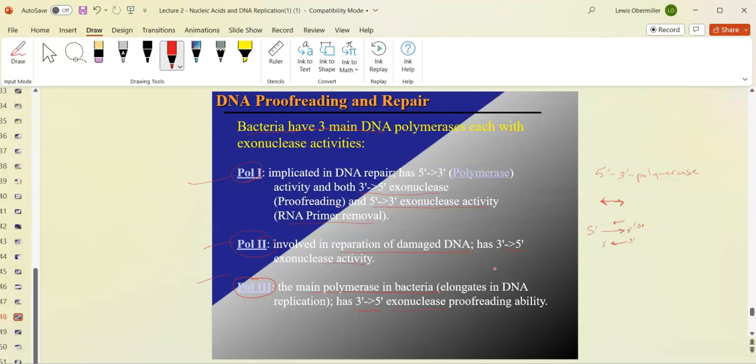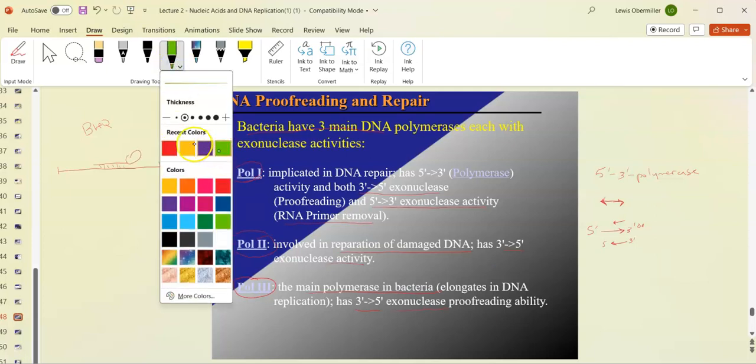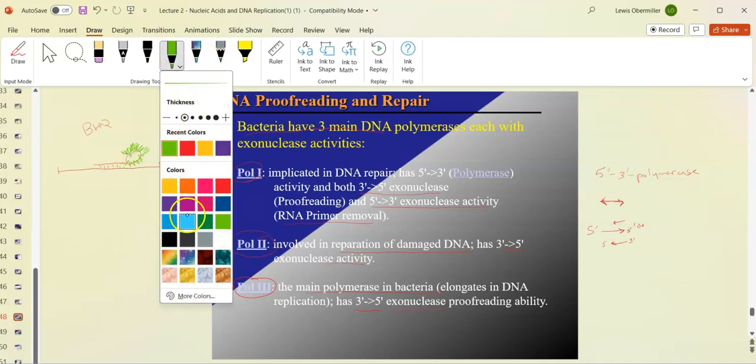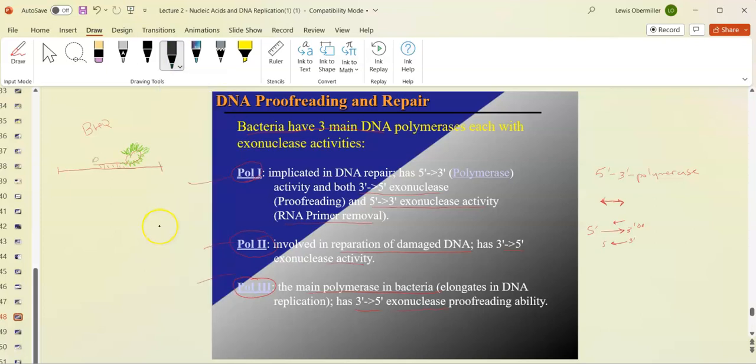This can be really important if you're, let's say, using a probe. There are probes that we use all the time. This one is called a black hole quencher probe, and on one end it has a fluorescent dye on it. Let's say it's green fluorescent protein, so it's going to emit green, and on the other side I'll make it black.